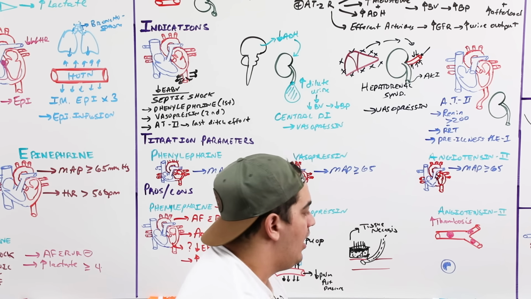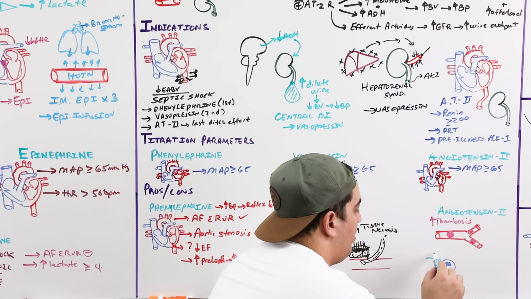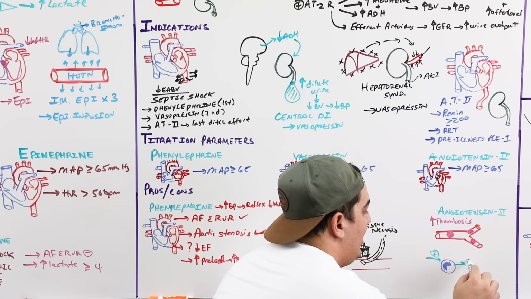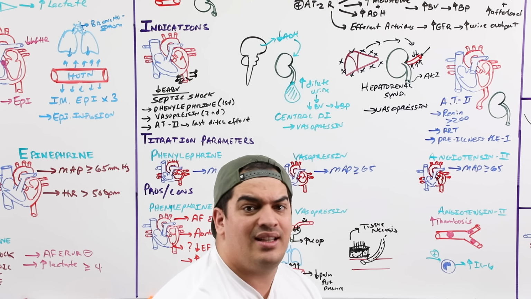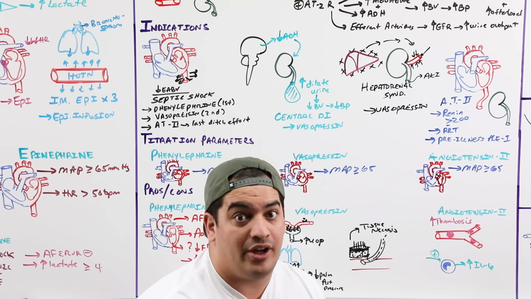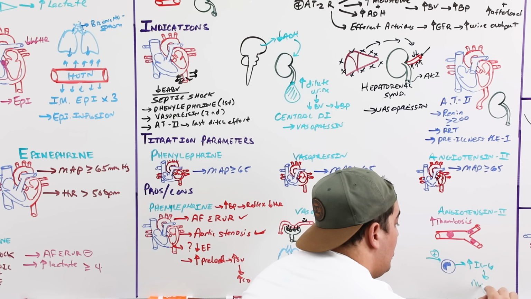That's not great. The other thing is that it's also been shown to stimulate immune system cells, increasing the production of interleukin-6. Interleukin-6 is one of the big contributors to cytokine storm, which leads to multi-organ system dysfunction.